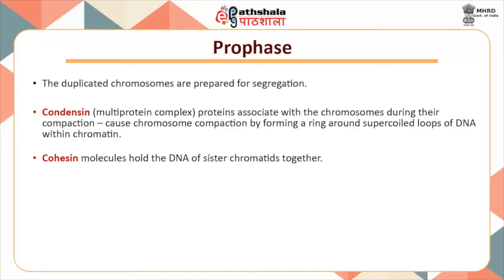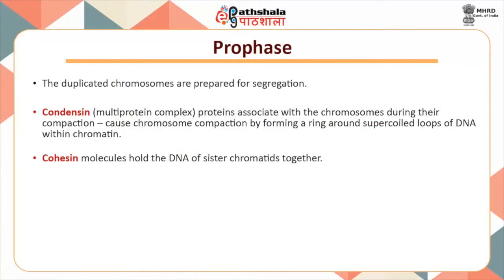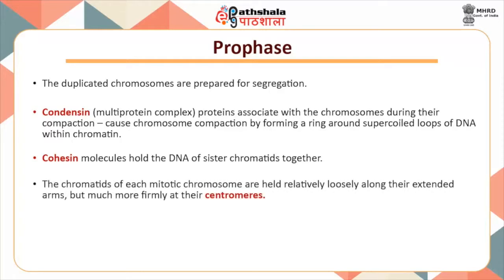So, as you can see in the figure also, condensin is an intramolecular cross-linker and cohesin is an intermolecular cross-linker, ultimately holding chromatids of each mitotic chromosome firmly at their centromeres and relatively loosely along their extended arms.